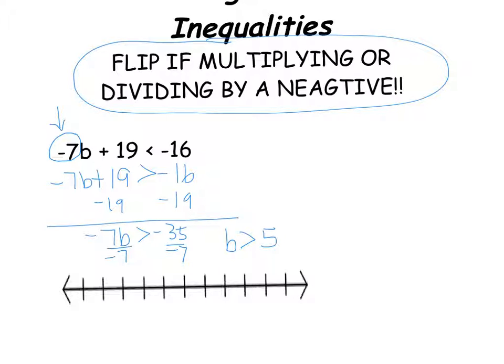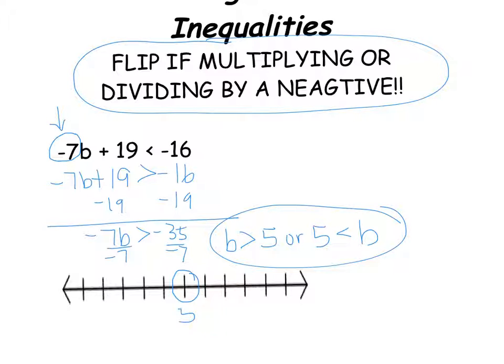Another way to write this is to say that 5 is less than B. Both of these are the same answer, so you need to remember that. B is always bigger than 5 regardless. So now we'll put an open circle on 5, and B is everything greater, and greater numbers are to the right.